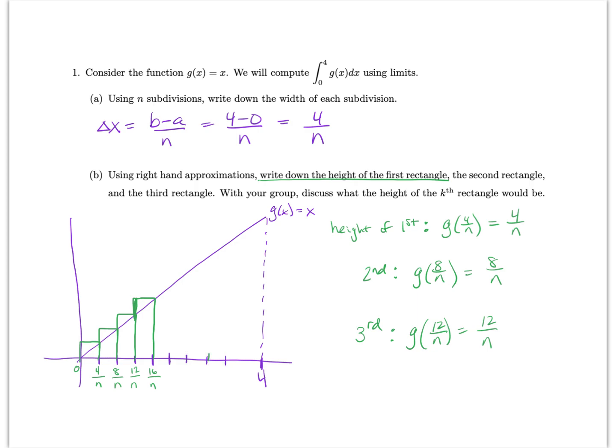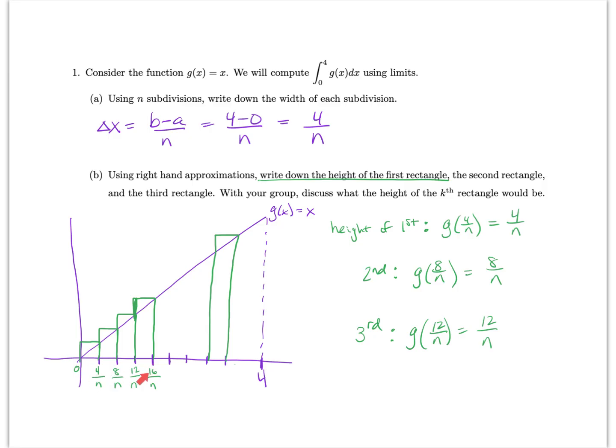And the height is the height of the function at the right endpoint. So my first tick mark is at 4 over n, and the second is 8 over n, and the third is 12 over n, and then 16 over n. So 4, 8, 12, 16.